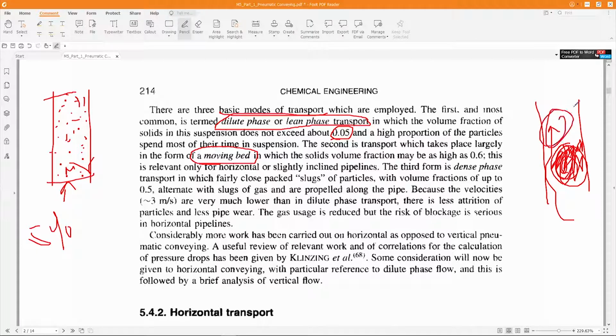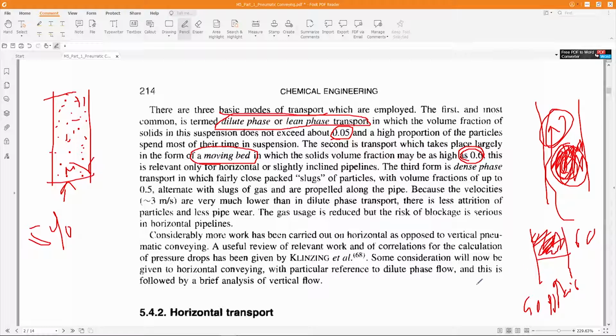This kind of transport is called moving bed transport. As you can see, the volume fraction of solid particles is 0.6. That means 40% of this transport will be air, and 60% of the volume will be occupied by the solids. As you can see, it will be very dense.